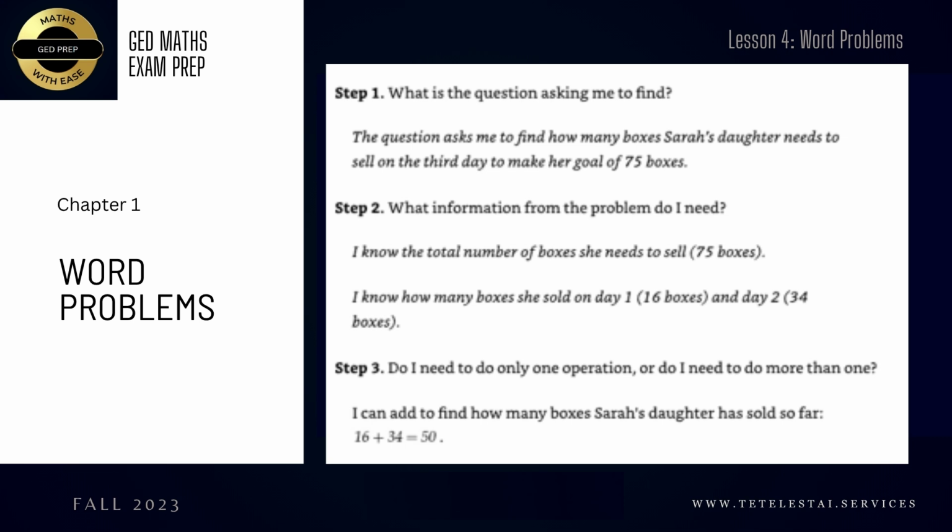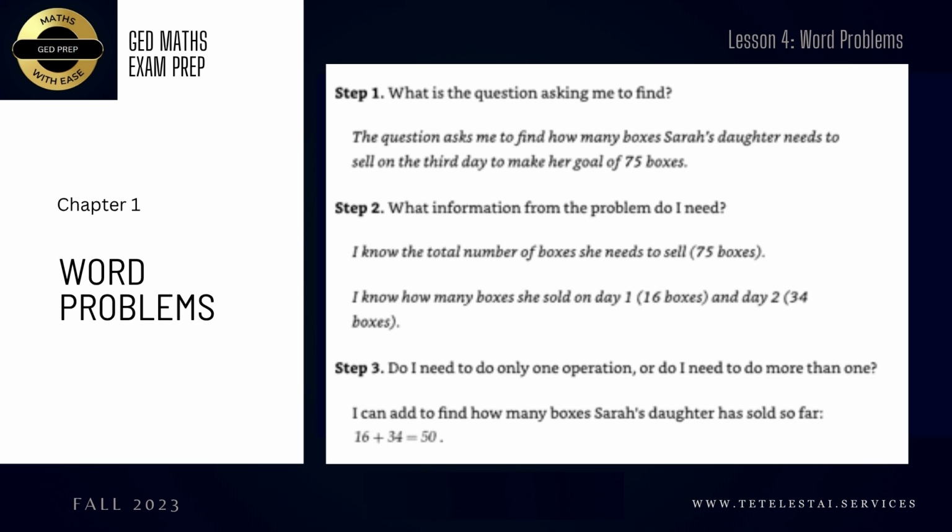And so we know the total number of boxes that she needs to sell is 75. We know that she's already sold 16 on the first day. We also know that she's sold 34 on the second day. So what operation do you think is needed to do the next step? Find the totals sold on day 1 and day 2.